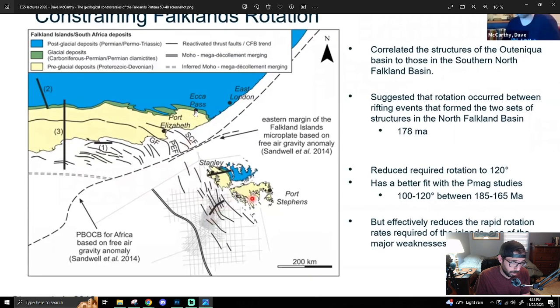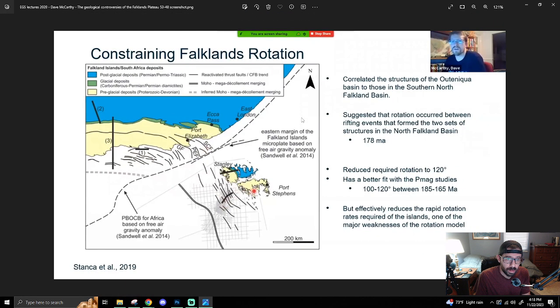It just needs rotated a little bit. Correlated the structures of the Outeniqua Basin to those in southern North Falkland Basin. Suggested that rotation occurred between rifting events that formed the two sets of structures in the North Falkland Basin at 178. Reduced required rotation, 120 has a better fit, so this is stuff I already read, but it effectively reduces the rapid rotation rates required of the islands.